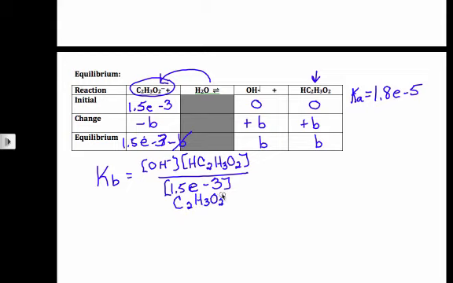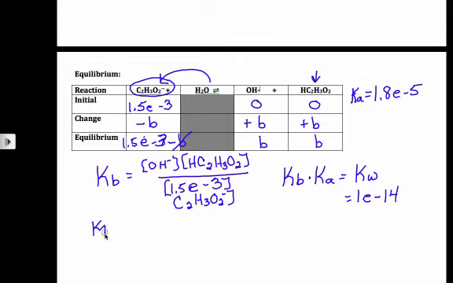The second part of it is recognizing that Kb times Ka is equal to Kw, and Kw at 25 degrees Celsius, it changes with temperature, so be careful, at 25 degrees Celsius, it's 1 times 10 to the minus 14th.